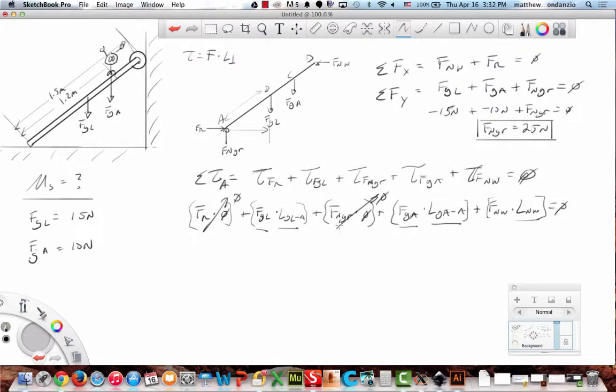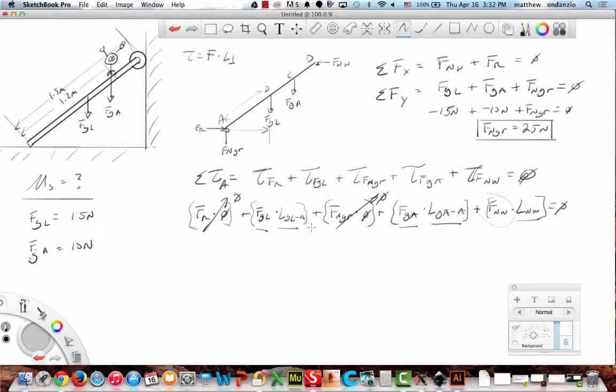The FNGR torque goes to 0. I'm left with one equation, one unknown. If I were to choose B, then FGL would go to 0, but the others would not. So now I'd have 3 unknowns, and then you couldn't solve it.